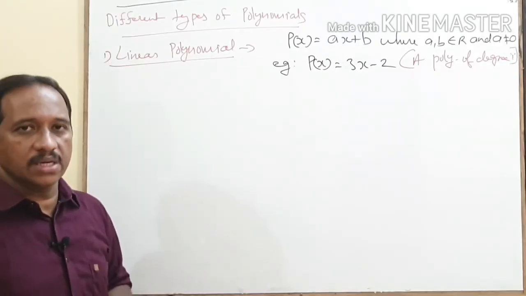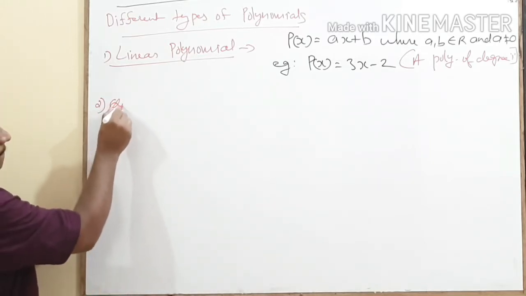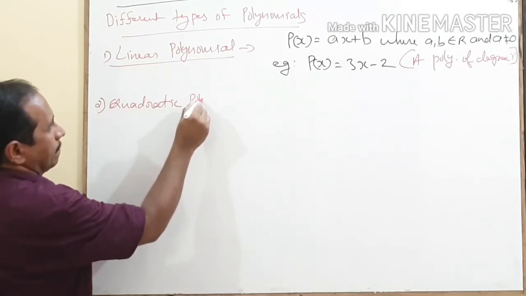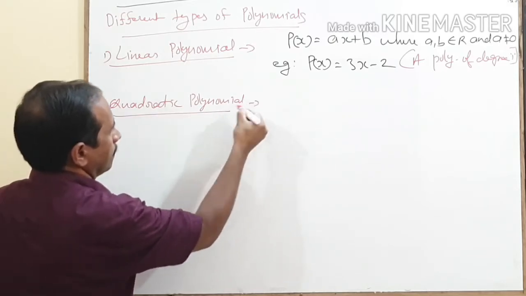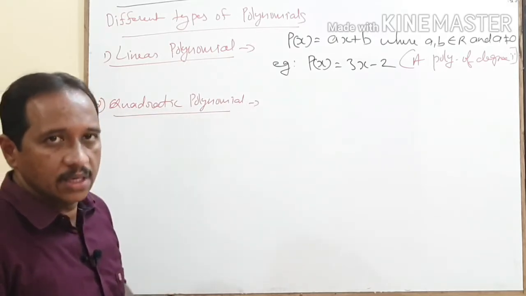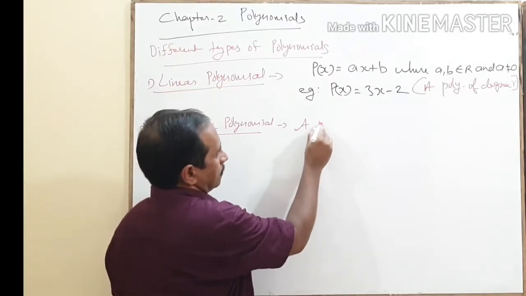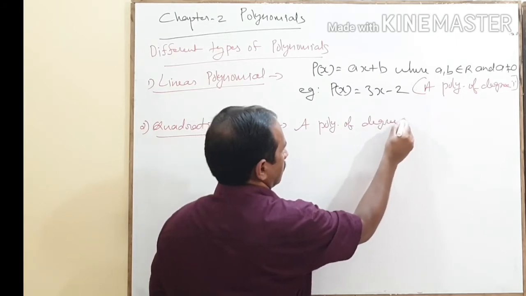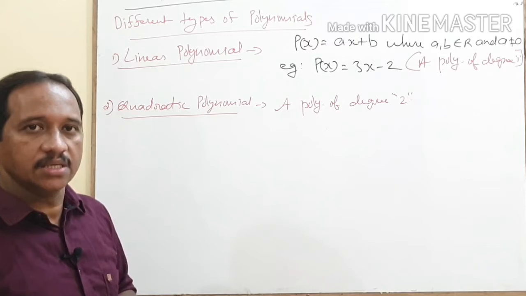The second polynomial is quadratic polynomial. A quadratic polynomial is a polynomial of degree 2.